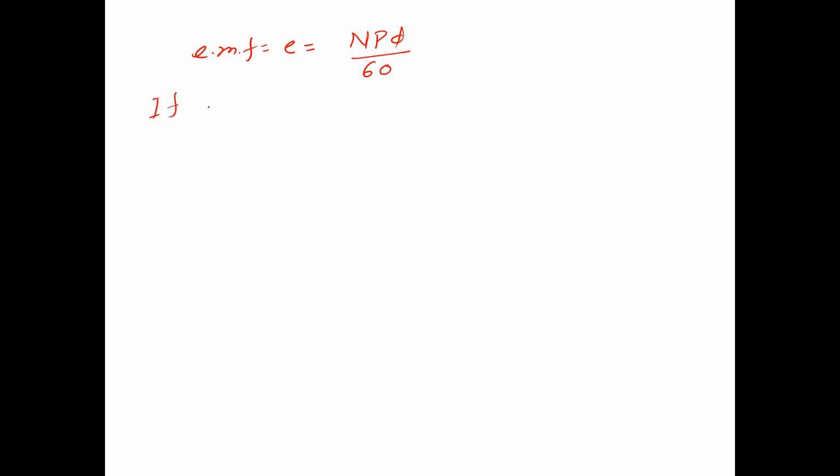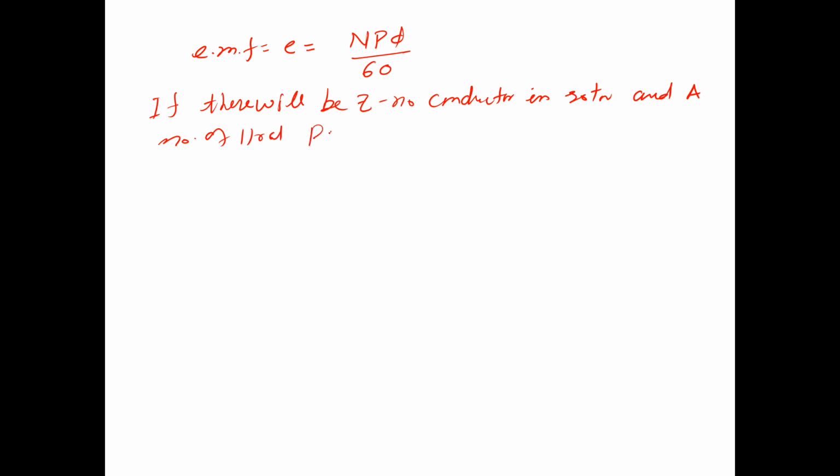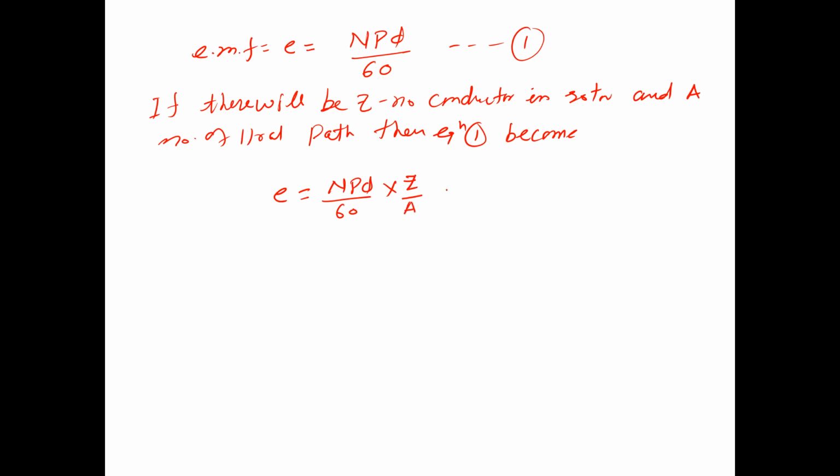If there are Z conductors in the rotor and A parallel paths, let this be equation 1, then equation 1 becomes E equal to NP phi upon 60, multiplied by Z upon A. This becomes NP phi Z upon 60A.